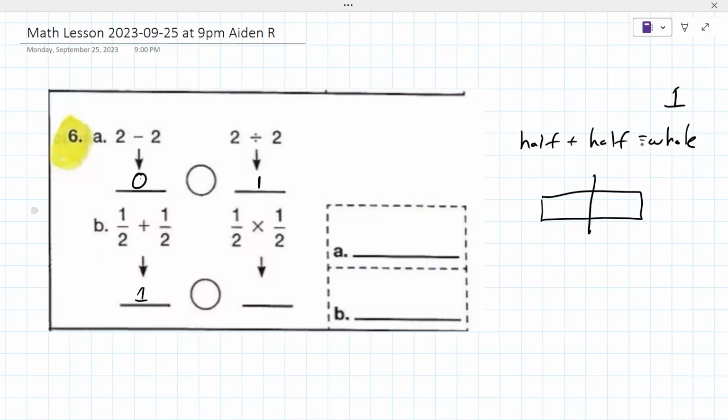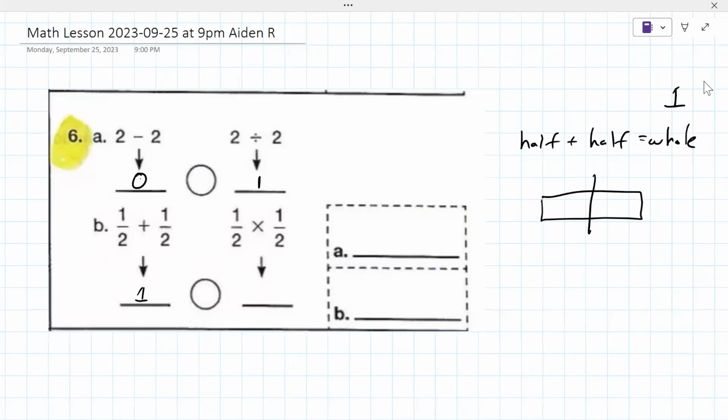Whole means 1. Any questions on that? No.